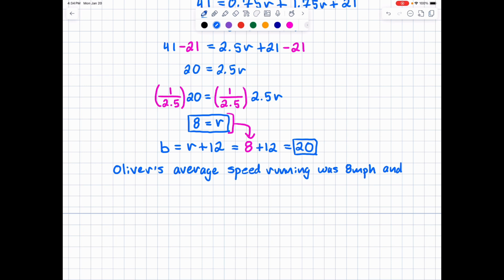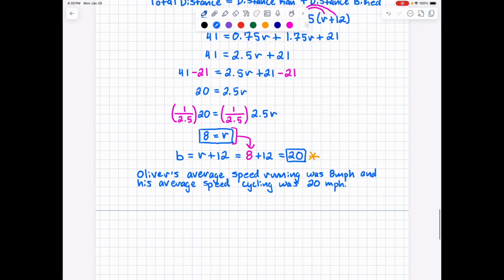And his average speed cycling, or on his bicycle, whatever you want to write, as long as it gets your point across, we found here, was 20 miles per hour. And that's all you need to answer the question. Oliver's average speed running was 8 miles per hour, and his average speed cycling was 20 miles per hour.